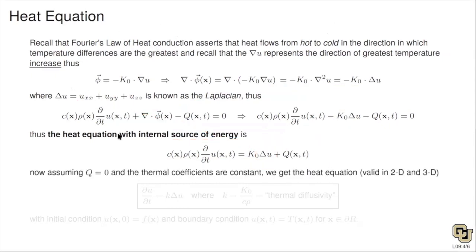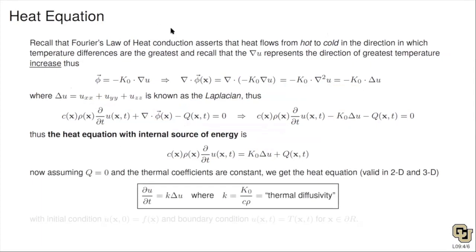And if you assume q is equal to 0, and assume all the coefficients are constant, and then divide, here's our most generic form of the heat equation. And that should work in any dimension.